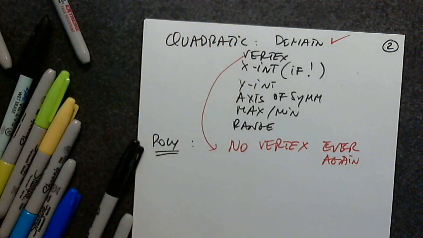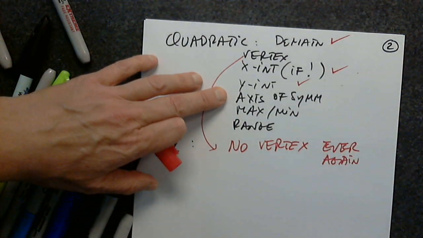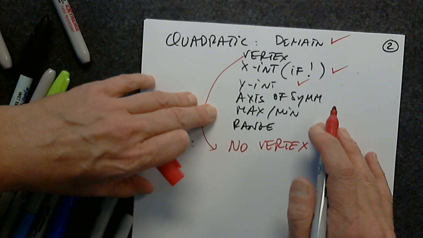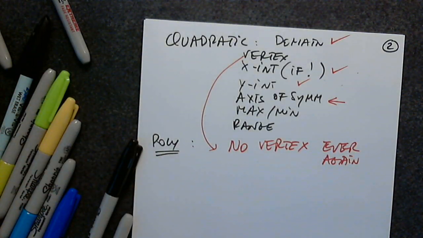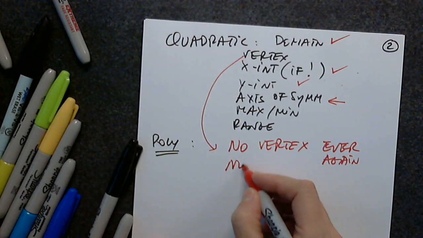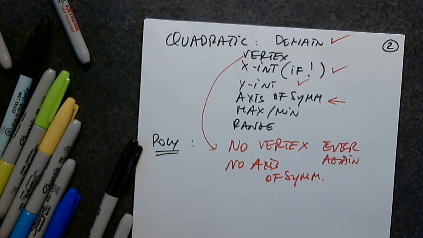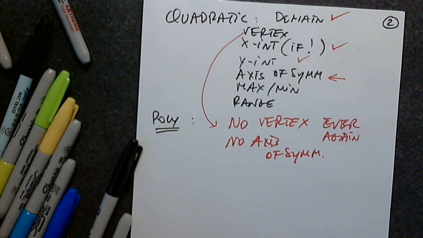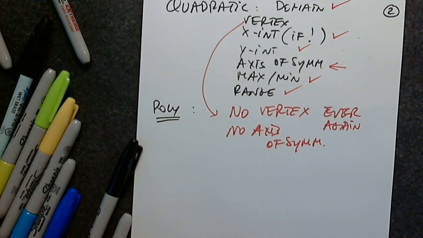The x-intercept or intercepts. The y-intercept, of course. No more axis of symmetry. There's no such thing. Those graphs are not symmetric with respect to their own axis of symmetry. None. So no axis of symmetry. Max, min, yes. Range, yes.